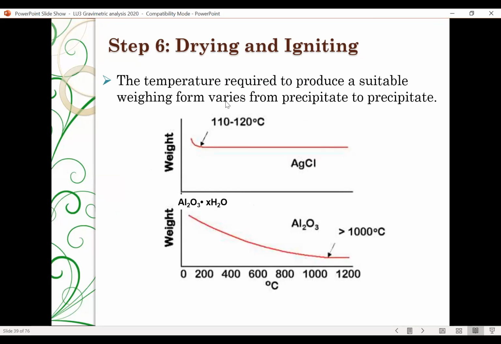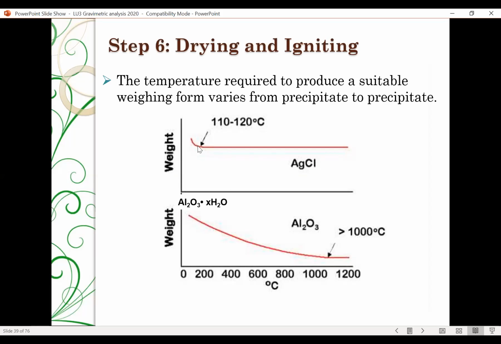The temperature required to produce a suitable weighing form varies from one precipitate to another. If you have different compounds, they have different behavior towards heating, drying, and ignition. Let's say we have silver chloride.